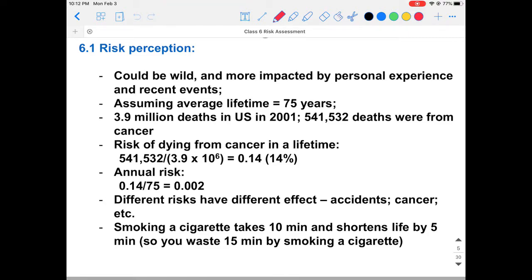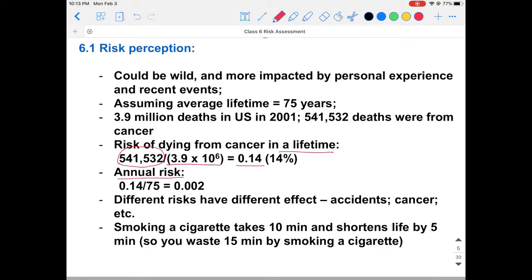The risk of dying from cancer in a lifetime can be calculated by taking the deaths from cancer and dividing by the total deaths in the United States. You can find that this risk is 0.14, which is around 14%. This is the probability of people dying from cancer in a lifetime.